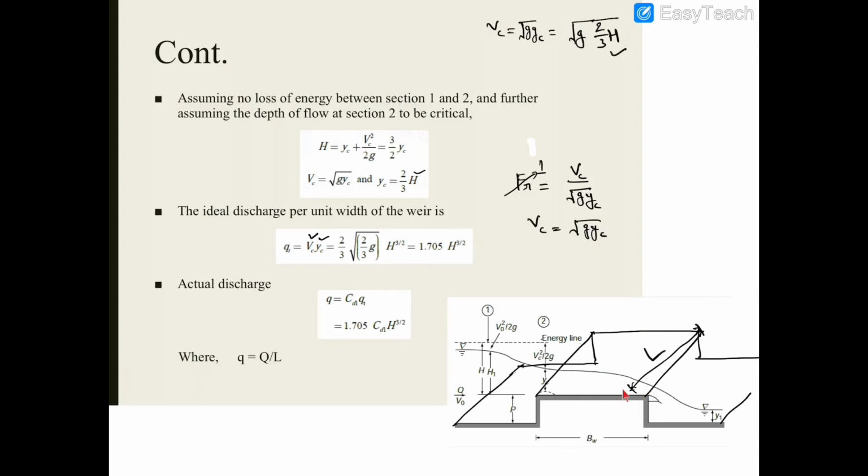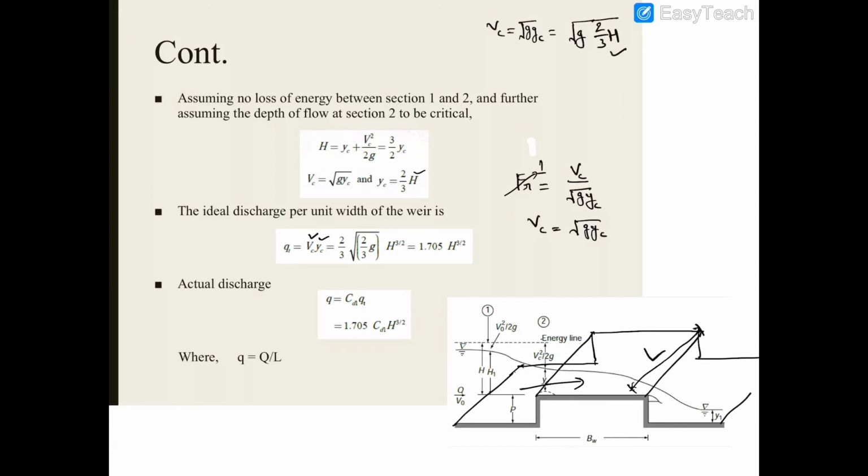L is the length of the weir measured in a transverse direction to the flow. This is the transverse direction of flow and this is the direction of flow, and BW is the width of the weir measured in the longitudinal direction. In this direction we measure BW and in this direction we measure L.